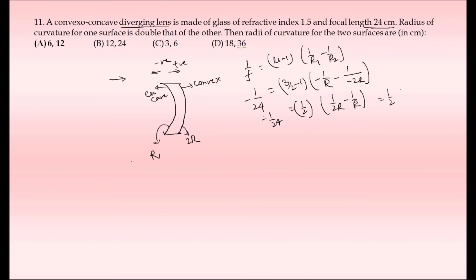That is 1 by 2 into minus 1 by 2r. So from there we get r is equal to 6 centimeter and 2r is equal to 12 centimeter. So the radii of curvature of two surfaces are 6 centimeter and 12 centimeter, and option A is correct.